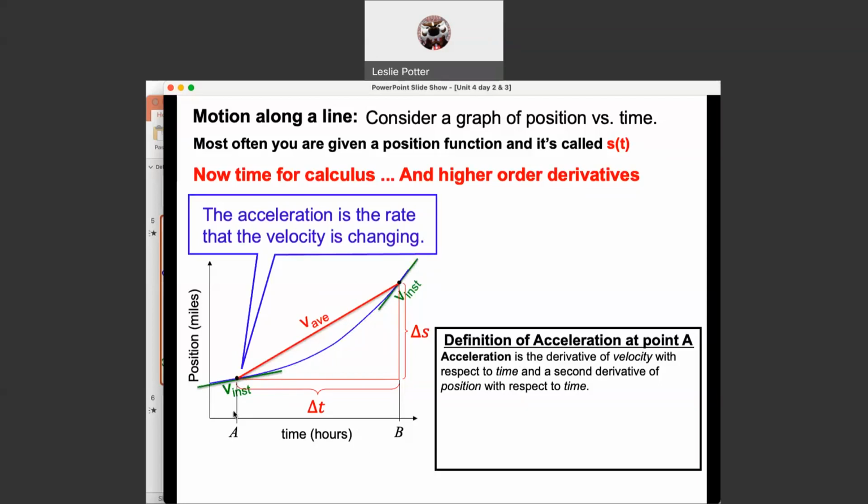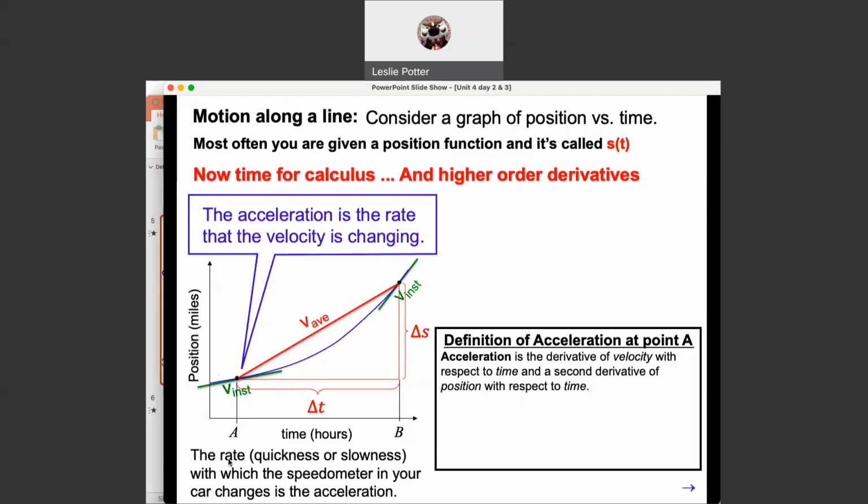In other words, we're speeding up. That curve is getting more vertical. So we know the quickness or slowness with which your speedometer in your car changes, and that's the acceleration, right? If your speedometer is going up really quickly, then you're accelerating at a great rate, so to speak.